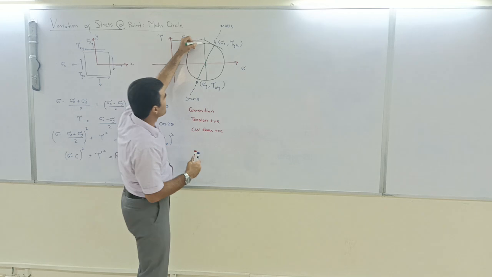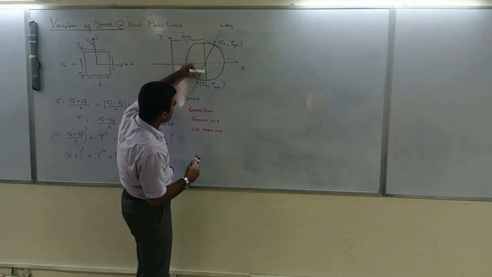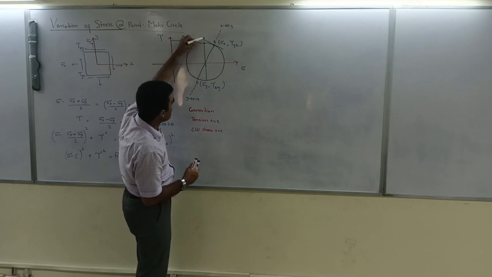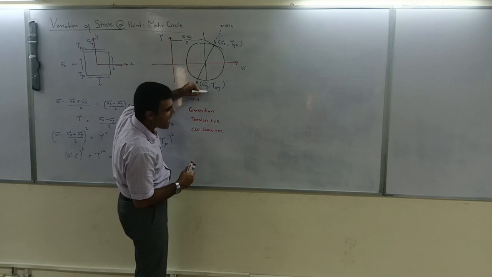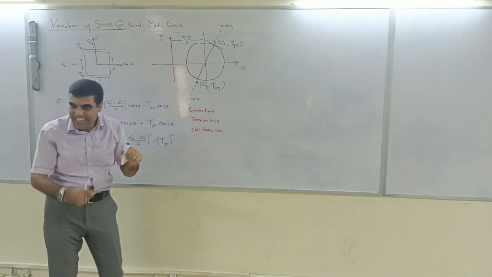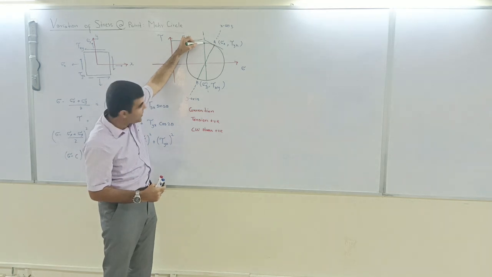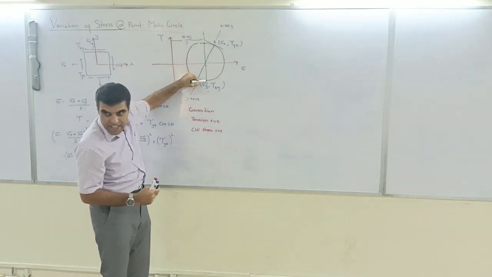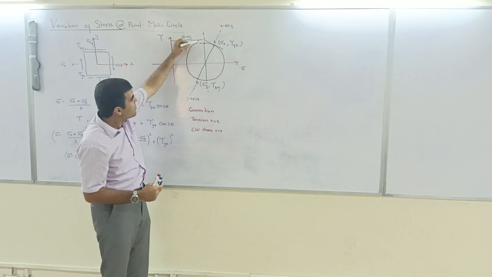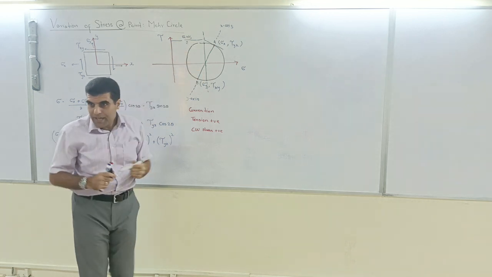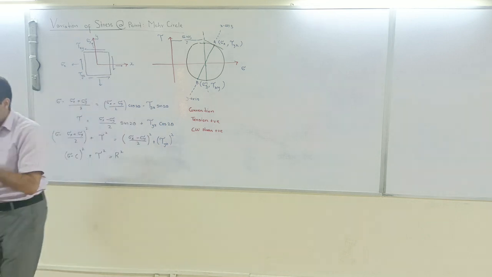I've drawn my Mohr circle and I've drawn this vertical. This is my x-axis and this is my y-axis. So if you draw a vertical line, over here your stress is equal to stress over there, isn't it? And the shear is opposite.